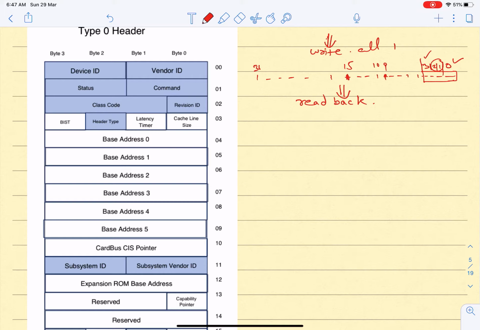Now it reads back the BAR register. So now, depending upon the memory size embedded in the PCI device, it will get the value. Let us suppose that when the host reads back, it gets a value like this.